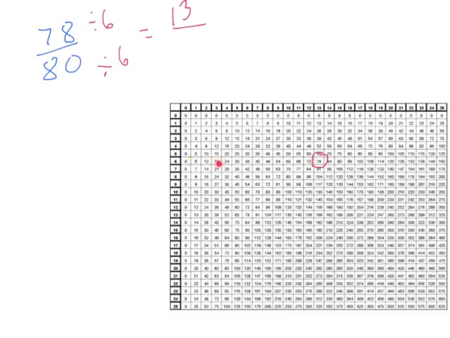If you look at the multiples of 6, you can see that 6 goes into 78 13 times and 6 goes into 84 14 times equally, but it won't go into 80 equally because the multiples of 6 don't have the number 80 in there. So it's impossible for the number 6 to go into the number 80 equally. So we can't use the number 6.